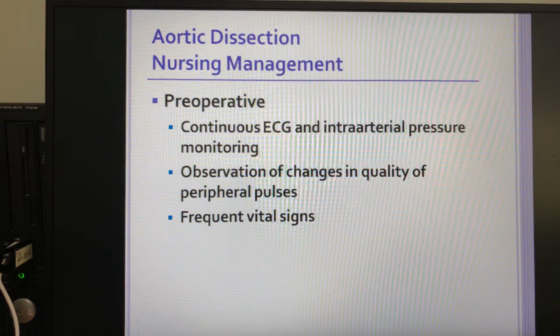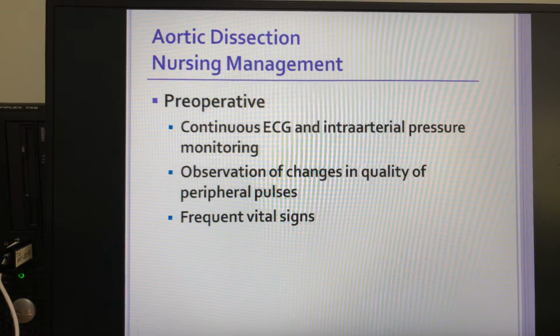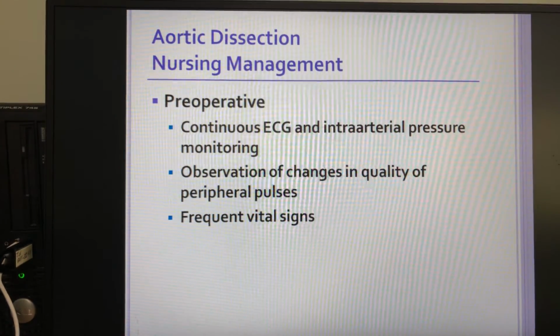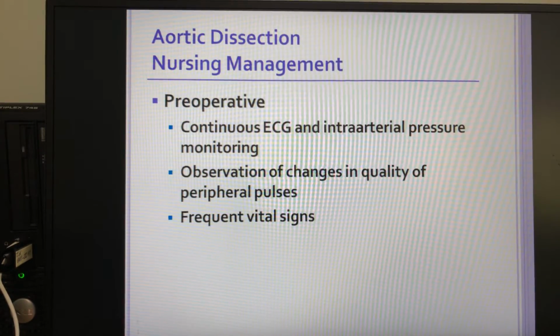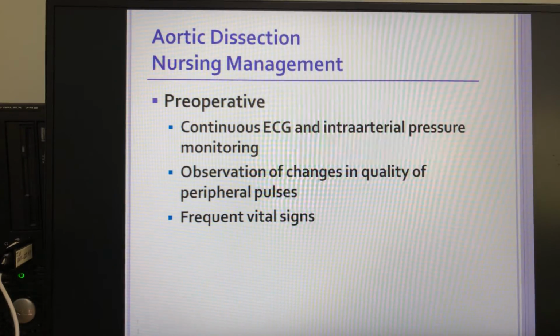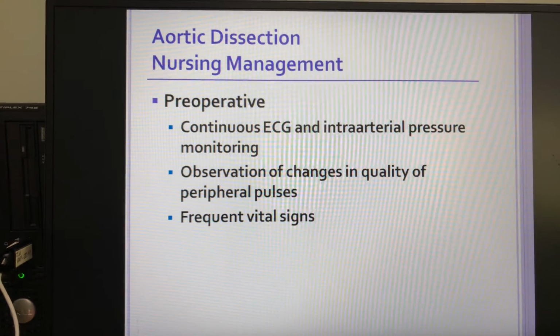Continuing with the preoperative treatment, we want continuous ECG and intra-arterial pressure monitoring, so they'll have an art line, observation of changes in quality of peripheral pulses, and we will do frequent vital signs. Sometimes they can be as often as every 2 to 3 minutes until we reach that target blood pressure, especially if they are on Nipride and you titrate.